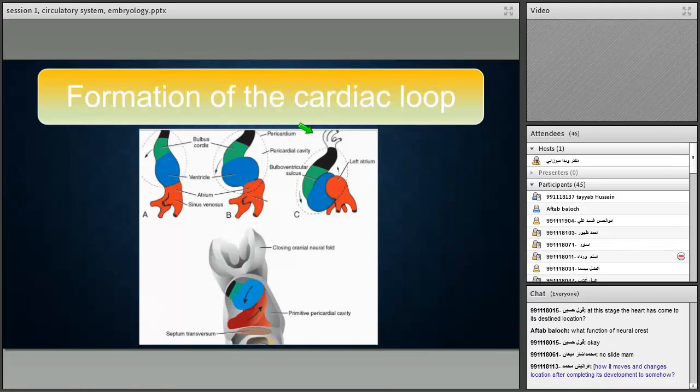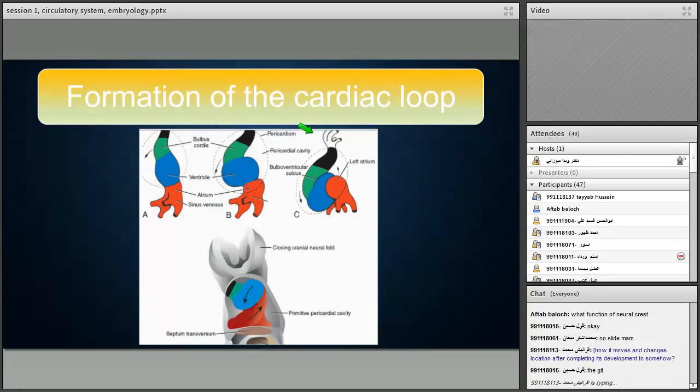At first it is in the cervical region, look at here. At the time that the heart is forming, the other organs of the embryo are also forming. For example, the brain vesicles, the digestive system. All of these happenings are occurring with each other. So they are affecting each other and making the heart move to its last destination.